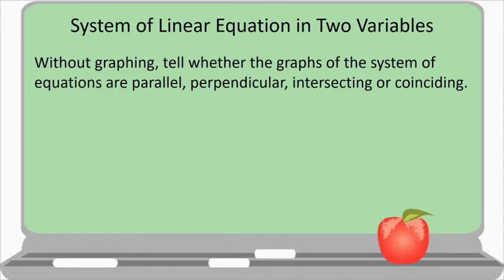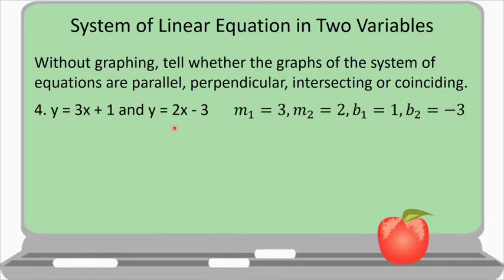Now let us have example number 4. We are given the equations y equals 3x plus 1 and y is equal to 2x minus 3. Determine the slopes and the y-intercepts. The first slope is equal to 3 and m sub 2, the slope of the second equation, is 2. Then we have b sub 1, which is equal to 1, and b sub 2, which is equal to negative 3 from the given equations.